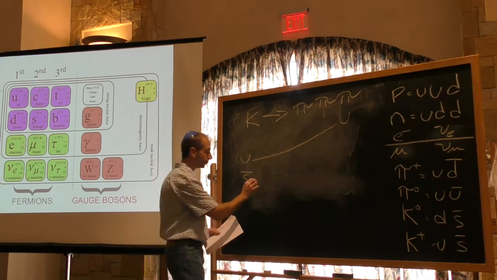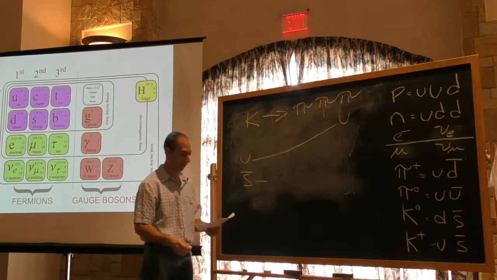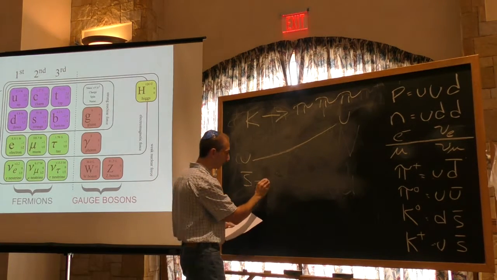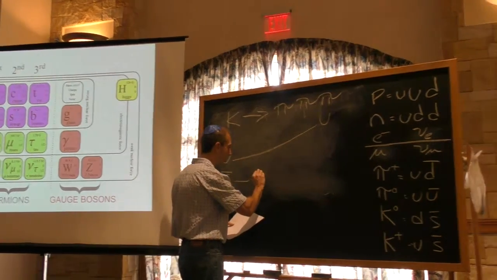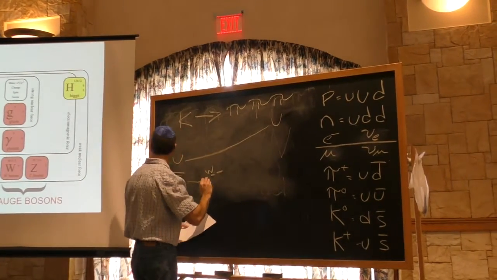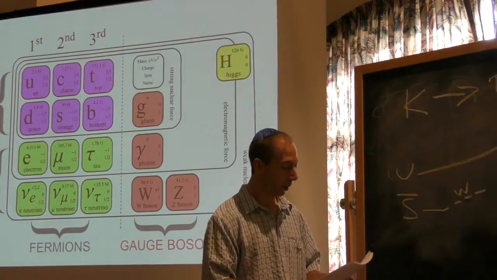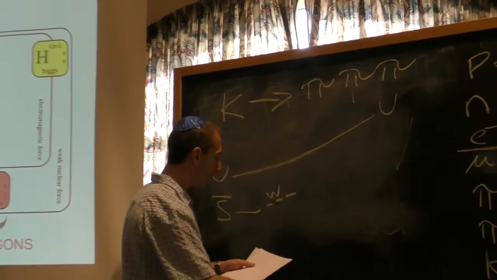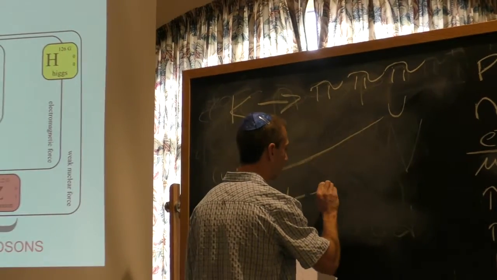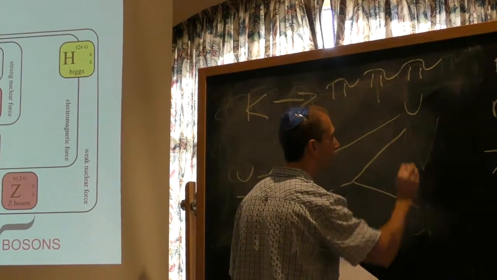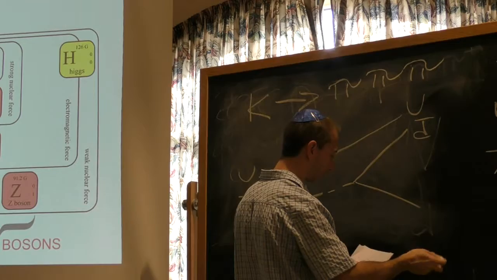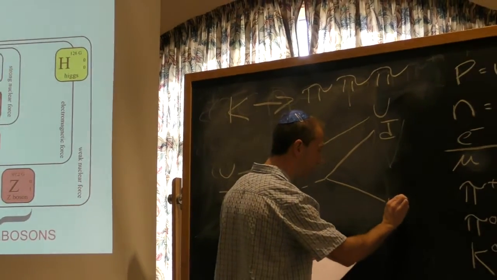The strange is going to decay. It's going to go first through a W particle, which is this one here, one of my force mediators. Then that W is going to go to 2 particles, a D bar and an up.